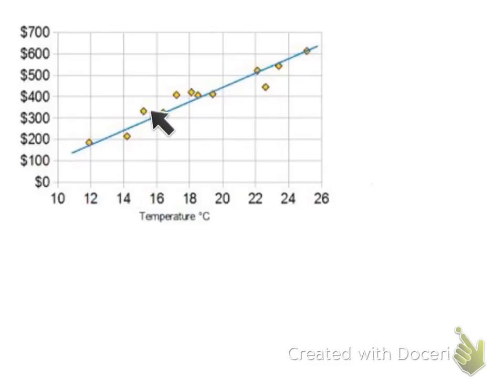I maybe want to use this point. So like 16 and a half, 325. This one over here would be like 25, 625. Are you guys seeing those values there? And again, look at the scale. I might be off. Someone else might say, oh, that's not 625.